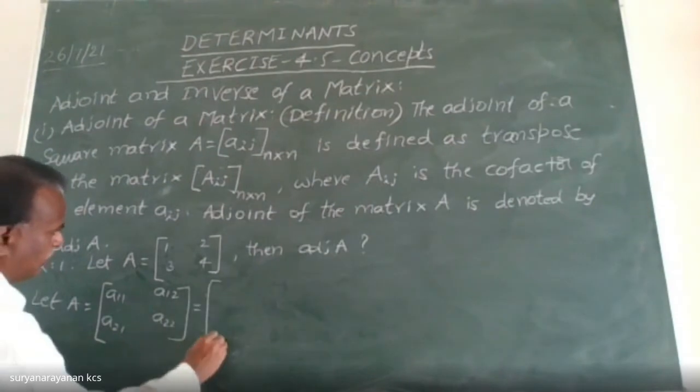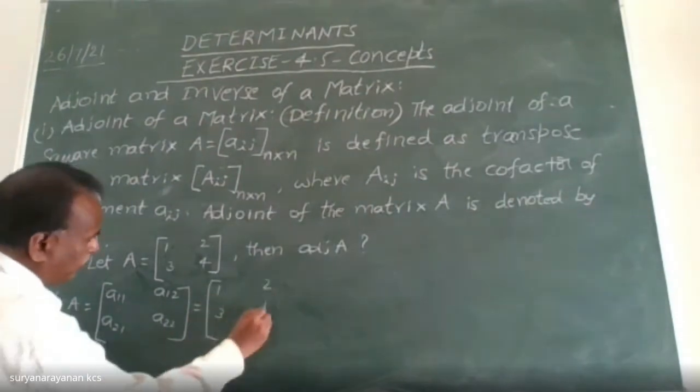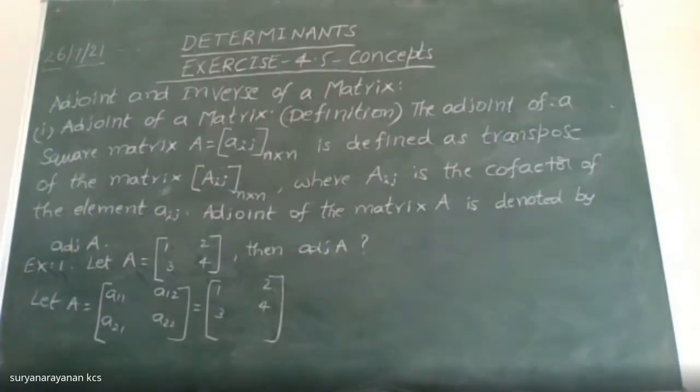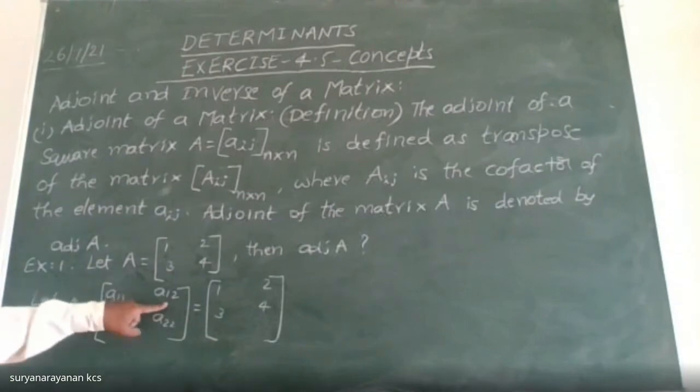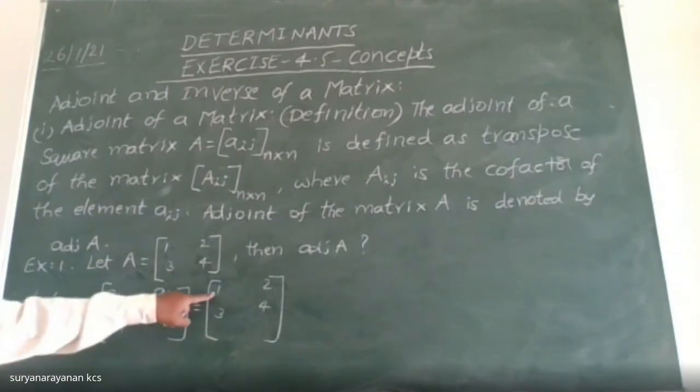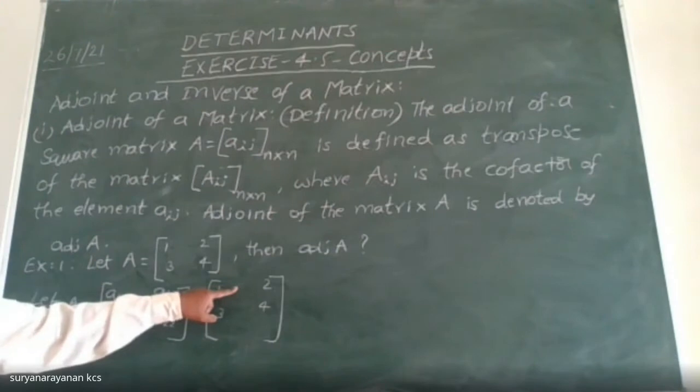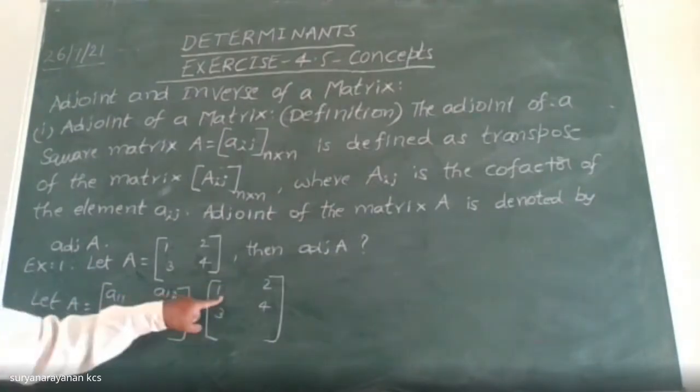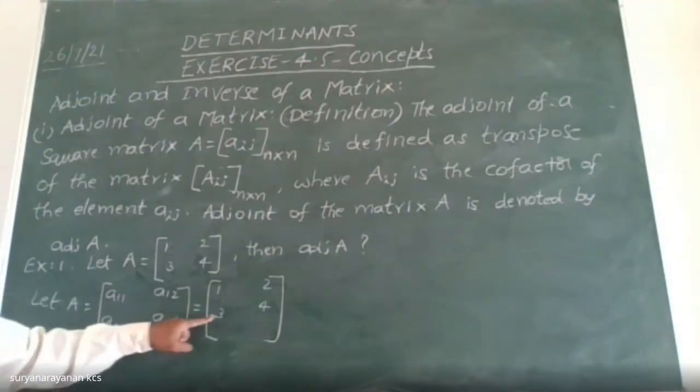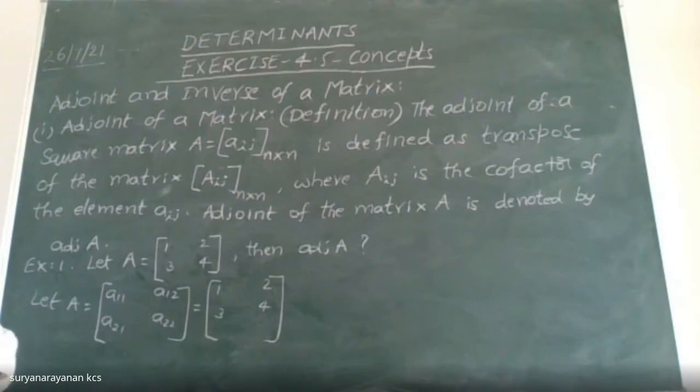This is equal to matrix 1, 2, 3, 4. These are the elements of this matrix: a11, a12, a21, a22. These are the numerical values of a11, a12, a21, a22. Now let us find adjoint of matrix A.